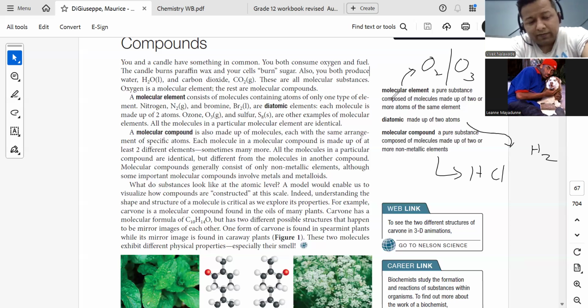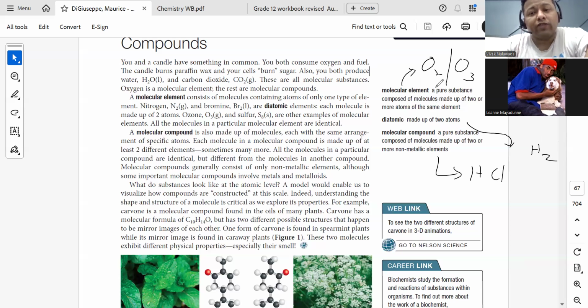Diatomic means two atoms. It could be the same atom or different. For example, hydrogen in the example below. Can you see my cursor moving? So hydrogen has two atoms of the same element, so it is diatomic.